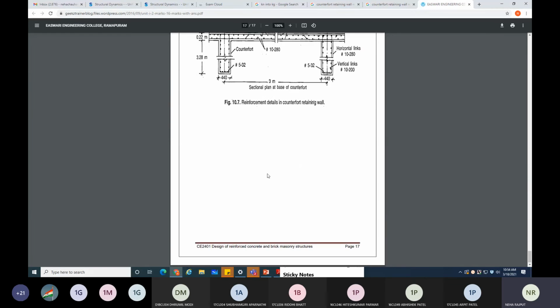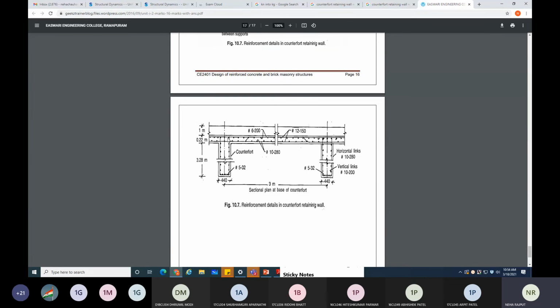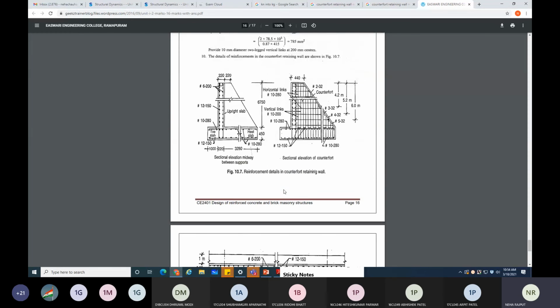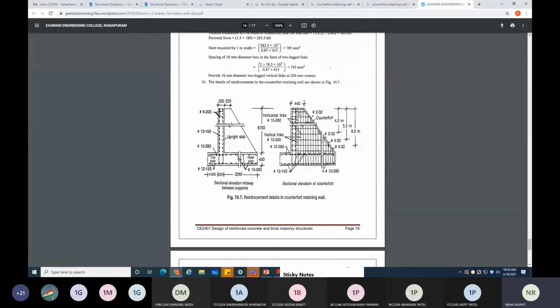So this is your top view of the counterfort stem member detailing.